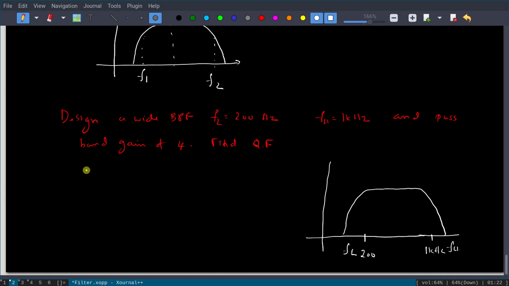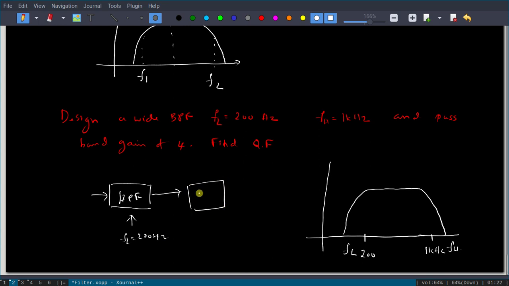First you have to design a first order HPF with cutoff frequency FL equal to 200 hertz. Then you cascade it with an LPF with cutoff frequency 1 kilohertz.